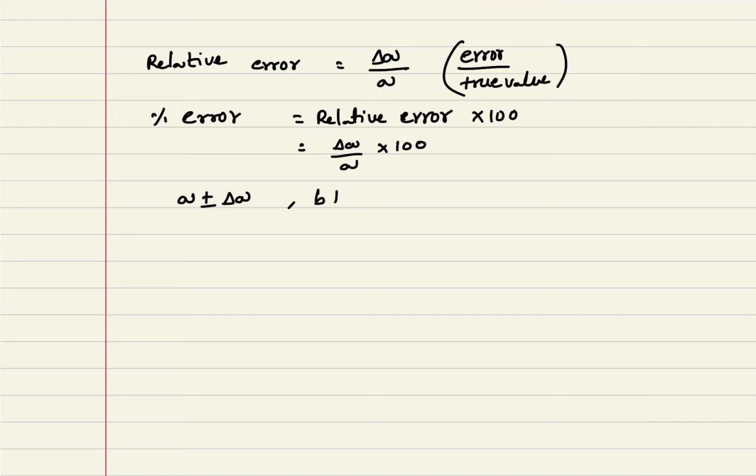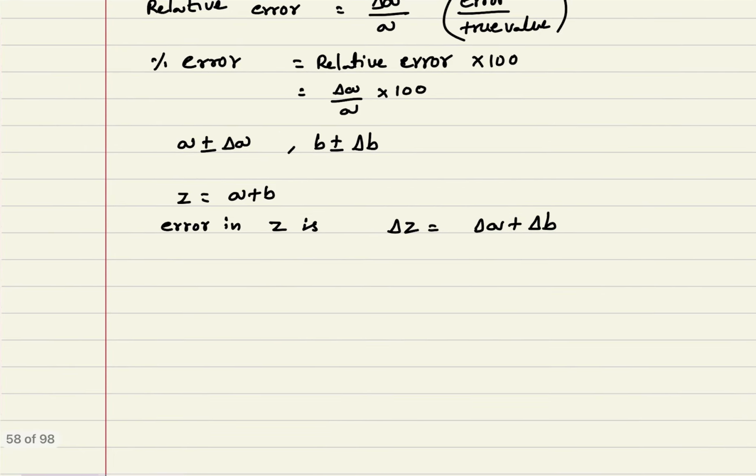Suppose I add two quantities, A plus or minus delta A and B plus or minus delta B. If I want to add both, the original reading can be written as Z is equal to A plus B. Similarly, the error in Z is delta Z is equal to delta A plus delta B. This is whenever addition of these errors is there.